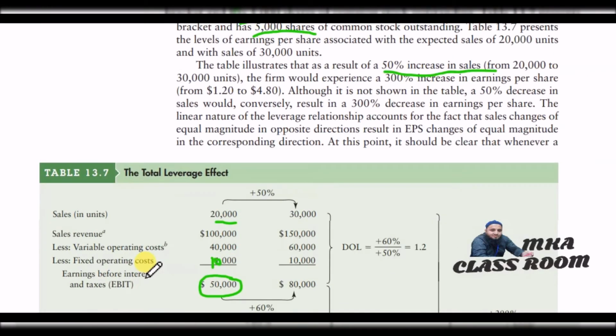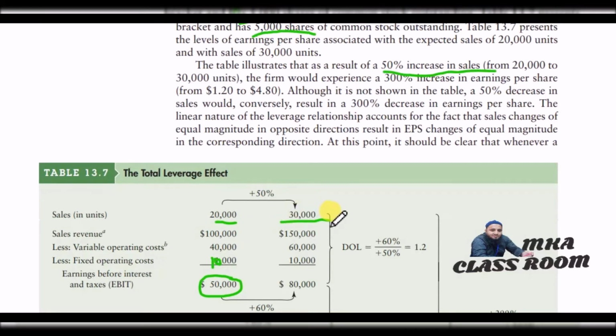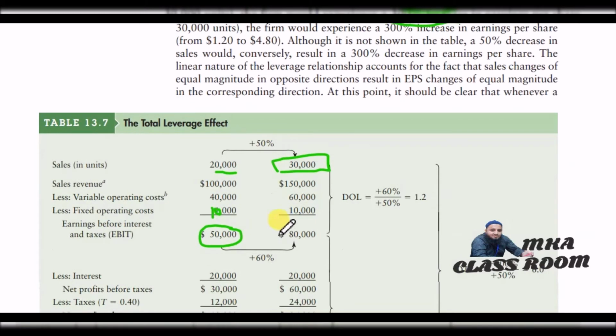Here I said a 50% increase in sales. What will be the result? 50% increase means 20,000 plus 20,000 into 50%, that is 30,000 should be our sales unit. Then sales price per unit 5 taka, 30,000 into 5. Then variable operating cost 30,000 into 2.